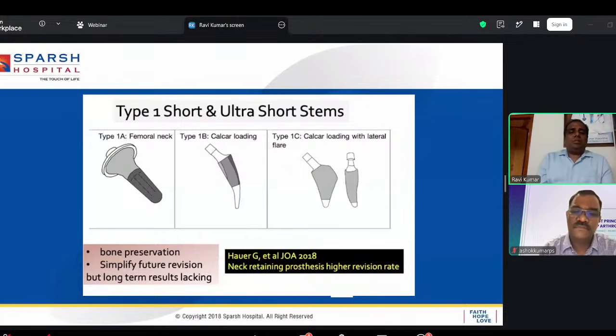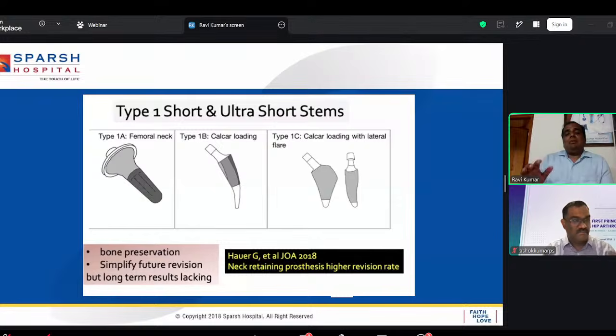Short and ultra short stems, the femoral neck holding stems, these are 1A, B, C. These became very famous, especially in the past, but of late they don't have good, attractive long-term survivorship results. That's why they're losing popularity.